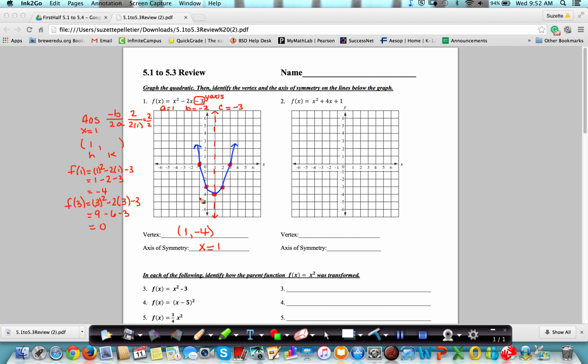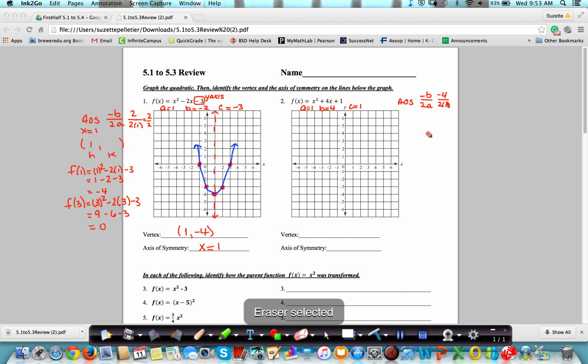Okay, so let's go ahead and look at the second one. Same thing, we're going to start off with identifying a is 1, b is 4, and c is 1. So again, starting off by finding where my axis of symmetry is means that I need the opposite of b over 2a. The opposite of b is -4 over 2 times a.